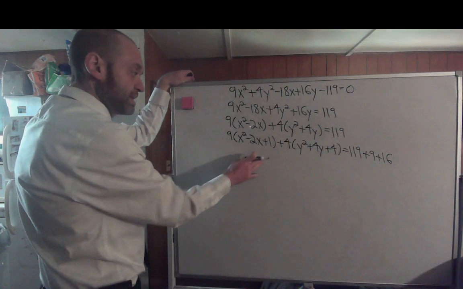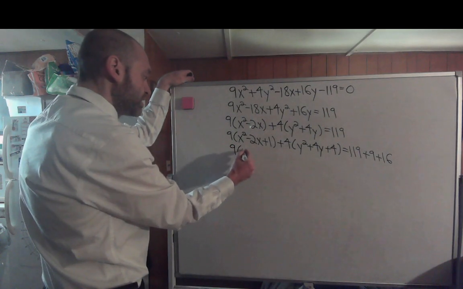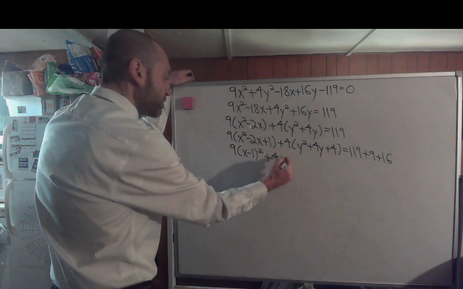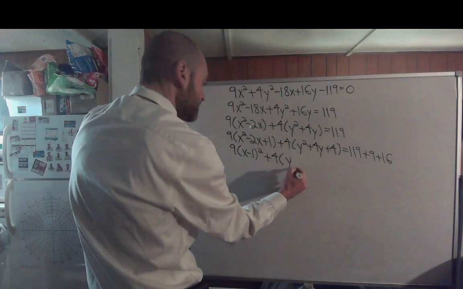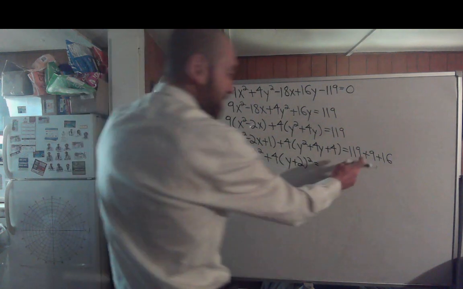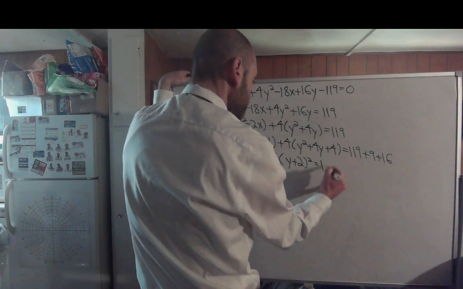Now let's go ahead and simplify these. On the left hand side, you would get 9 times the quantity x minus 1 squared plus 4 times the quantity y plus 2 squared equals this side, 119 plus 9 is 128, plus 16, that's 144.